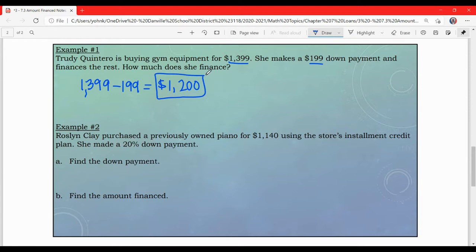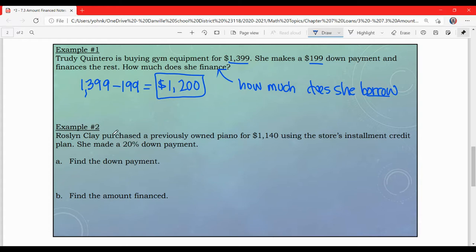And when I say how much does she finance, that means how much does she borrow? To finance means to borrow.